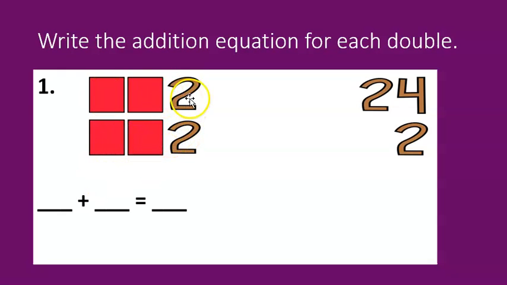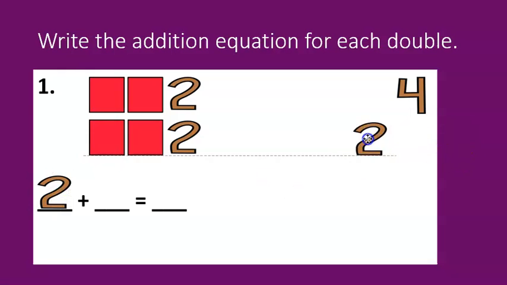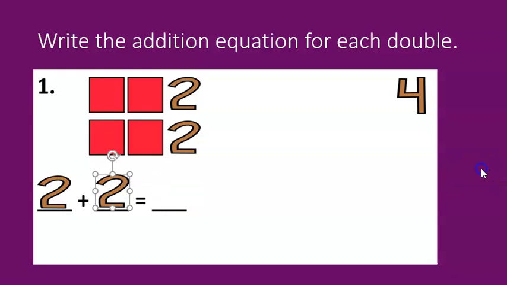Now, all we do now is we put these two numbers here. Okay? So we're going to put 2 here again. And we're going to add 2 to our addition equation. Now to get that number, all we do is add up the red squares together. Count with Mr. Big A. 1, 2, 3, 4.